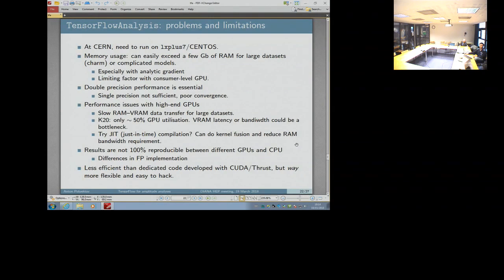Something I've discovered is that the results are sometimes not reproducible between different GPUs and CPUs. I guess this is because the implementation of floating point is slightly different everywhere, so you cannot always reproduce the same results when going between different GPUs. Some people even complain that TensorFlow sometimes doesn't reproduce itself if you run multiple times on the same machine.